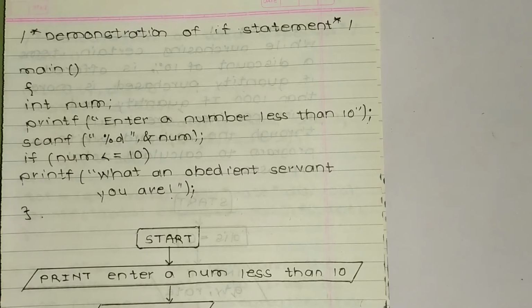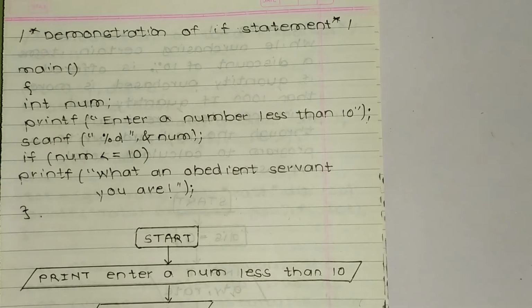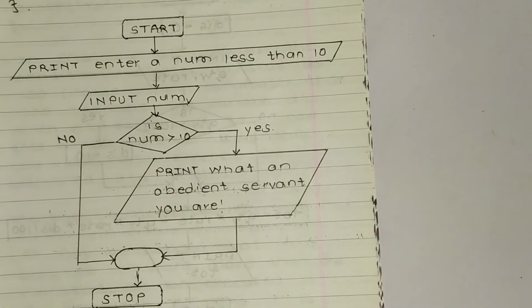We verified that the number is less than 10, and then we printed what an obedient servant you are. That means your number is right, so that we have printed. Now we will look at the flowchart. So this is the flowchart of this program.